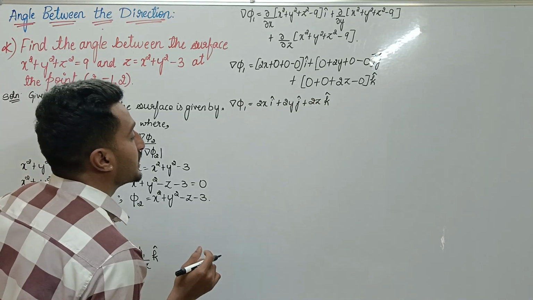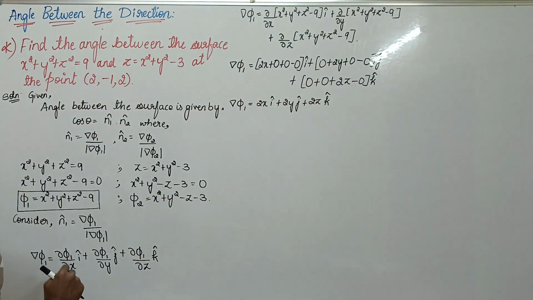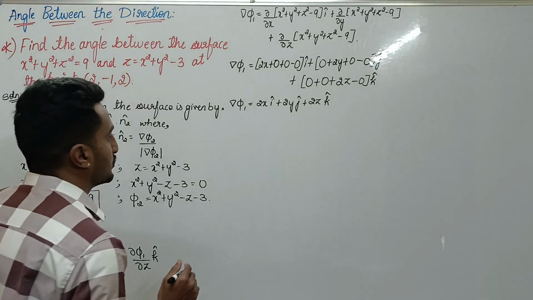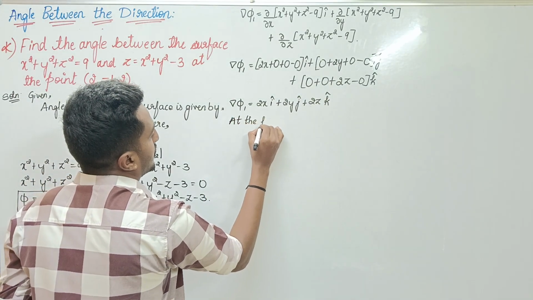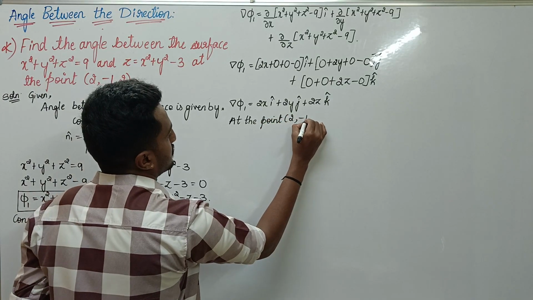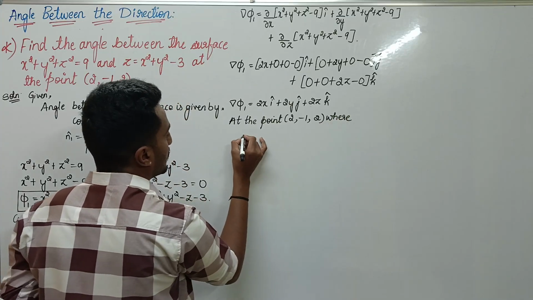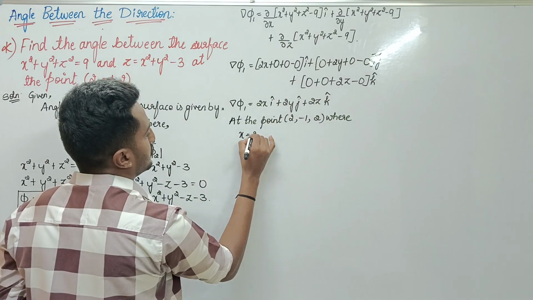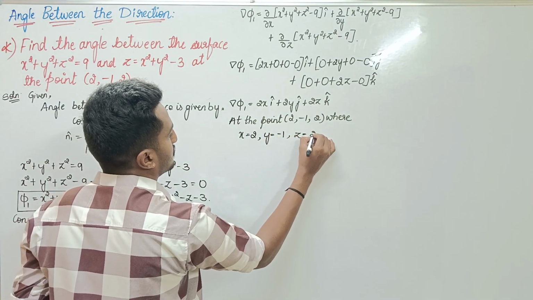They have given the point 2 comma minus 1 comma 2, where x equal to 2, y equal to minus 1, z equal to 2.